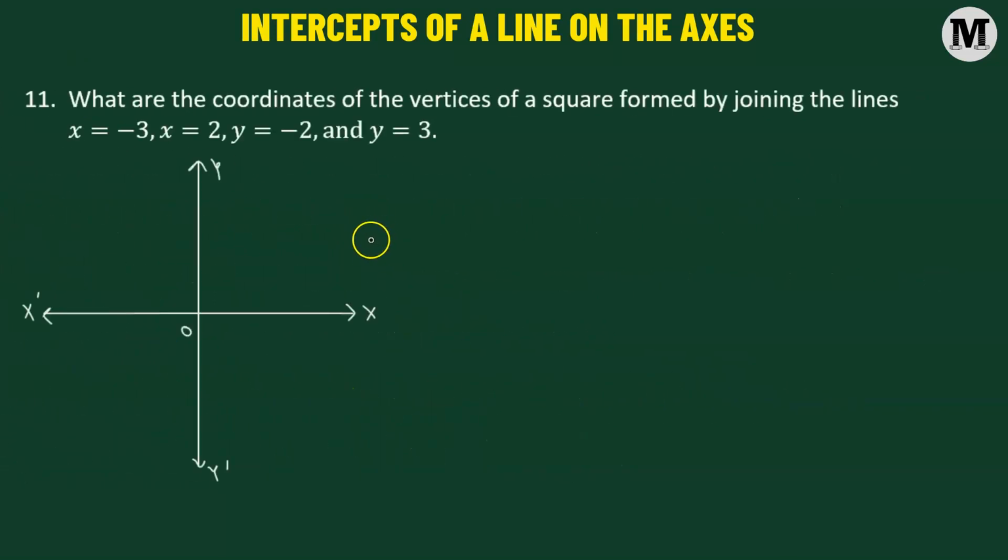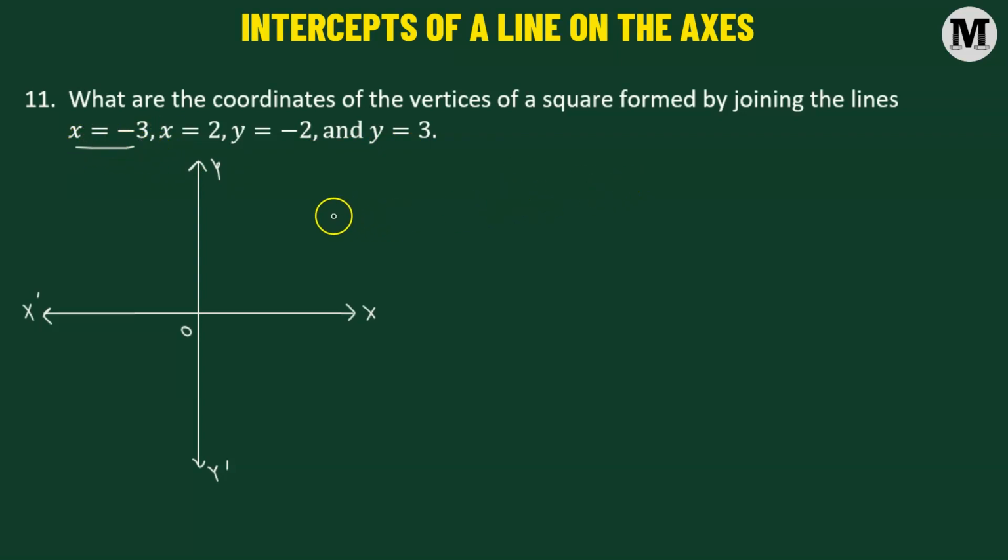Problem number 11. What are the coordinates of the vertices of a square formed by joining the four lines given by x equals -3, x equals 2, y equals -2 and y equals 3? Let's start by first sketching the line x equals -3.